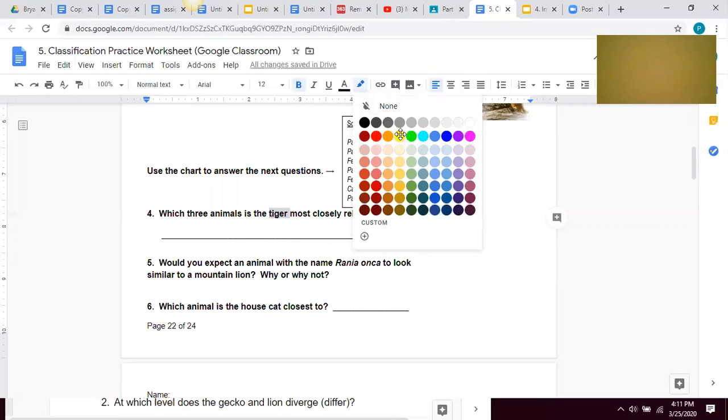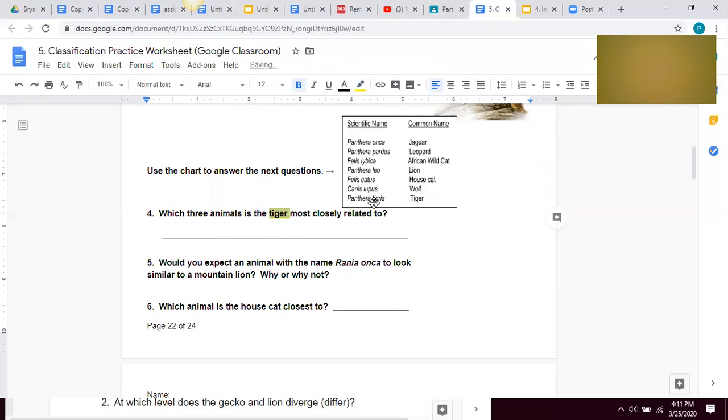The tiger is called Panthera tigris, right? So they are in Panthera. So to figure out who else is closely related to the tiger, I would look for those hints we just talked about. That means that they're also going to have Panthera as their genus name. So I think I just gave you the answer to number 4.